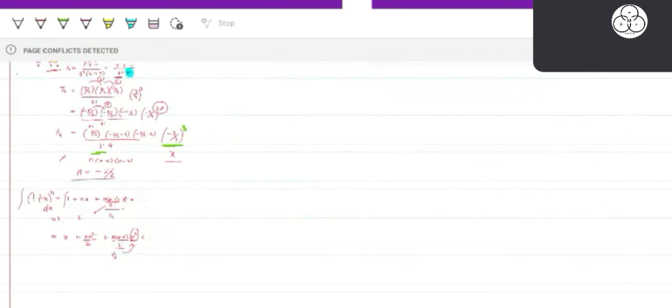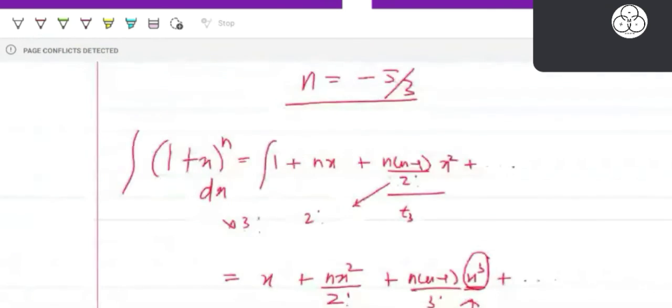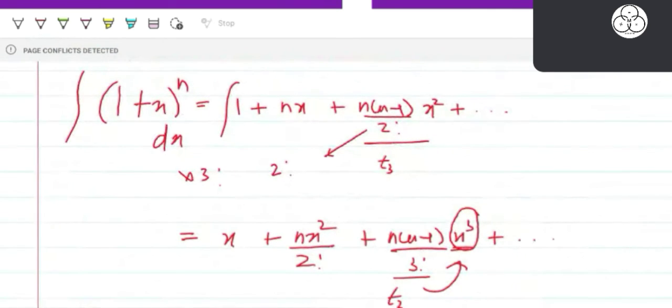So what we can do is integrate the left hand side also, and after integrating this, what will we get? 1 plus x whole to the power n plus 1 over n plus 1.